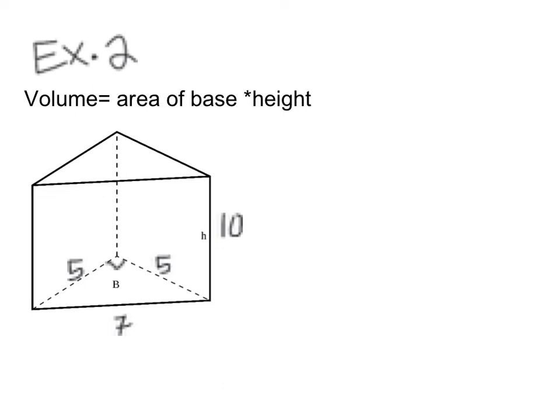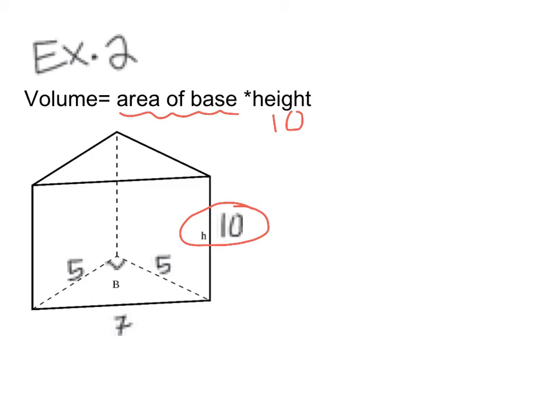Okay, so we need to find the area of the base, and then we need to multiply it by the height. Now the height, I can see right here, is 10, because that's the length connecting the 2 triangle bases.